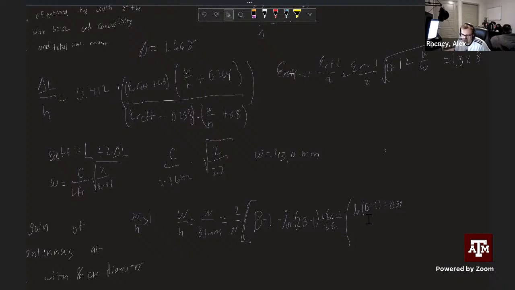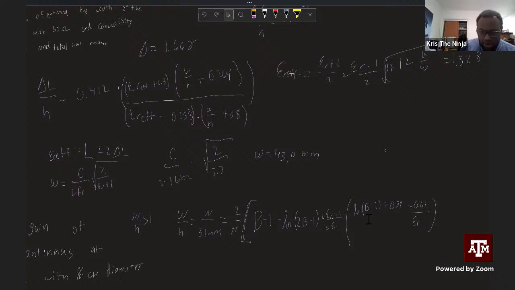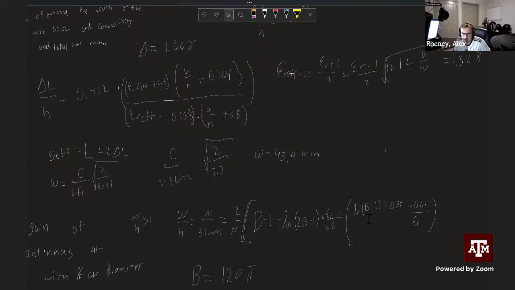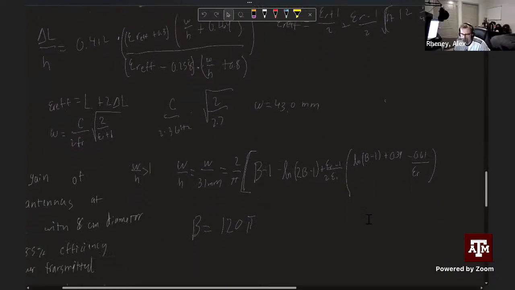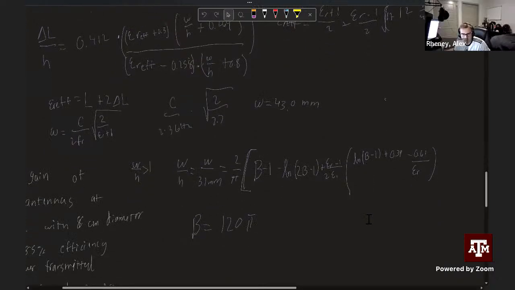And then to solve for B, we have B is equal to 120 pi squared over 2 times Z naught times the square root of epsilon r.